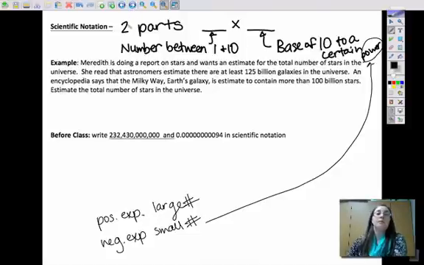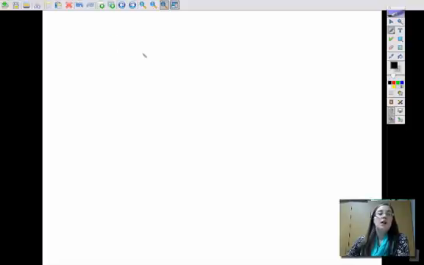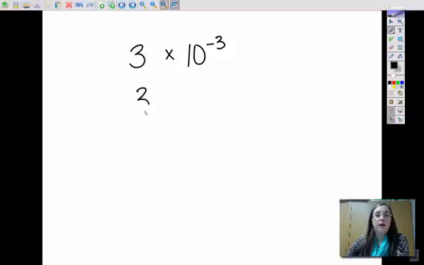The other thing I want to talk about is when we use those negative exponents. So let's say I'm multiplying the number 3 by 10 to the negative third power. I want you to think about the fact that we talked about how 10 to the negative third power means the same thing as 1 divided by 10 to the positive third.